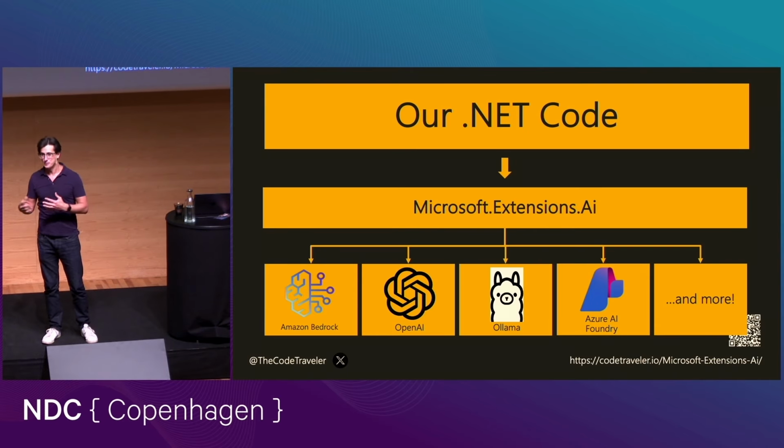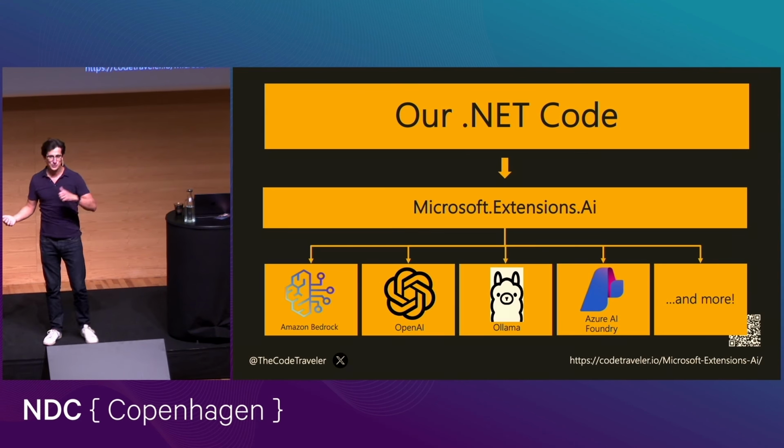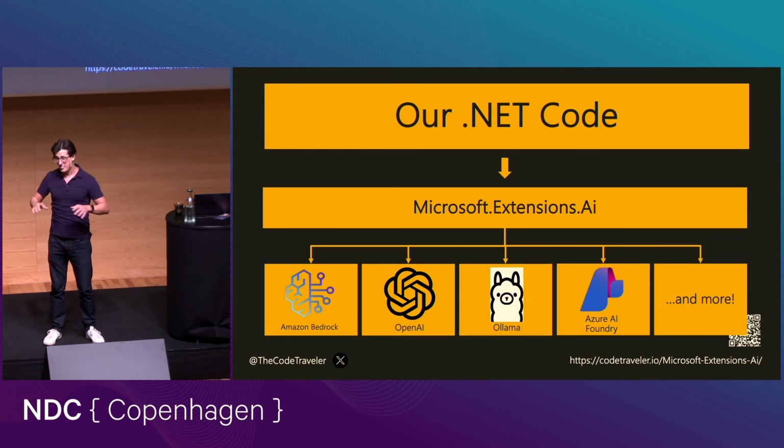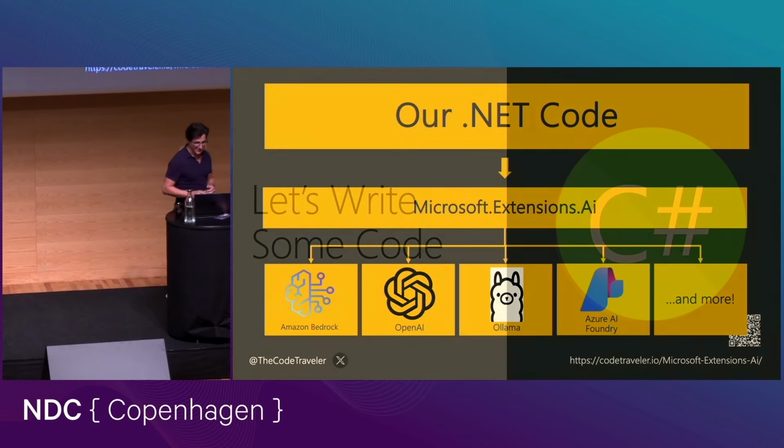So when that day comes where we want to change out a model for a newer model, or we get a better deal on AWS over Azure, we can just rip it out and really not touch any of our code except for about 2 or 3 lines that we use to initialize it. So let's jump into the code and let's get started.